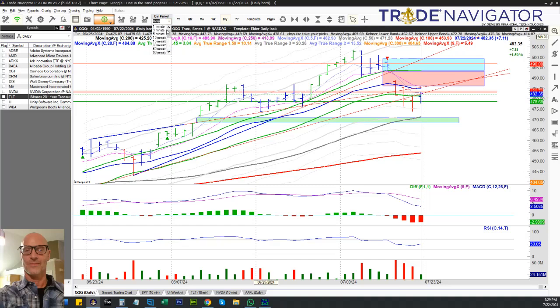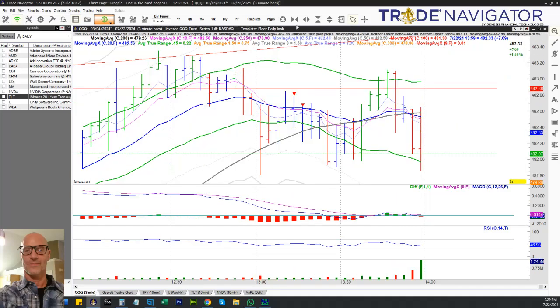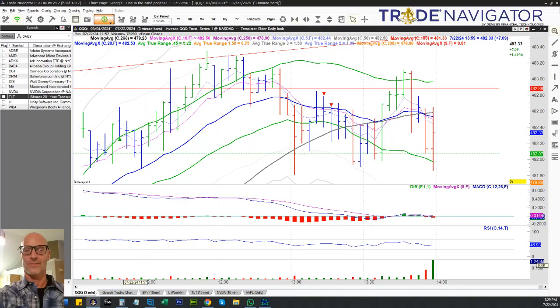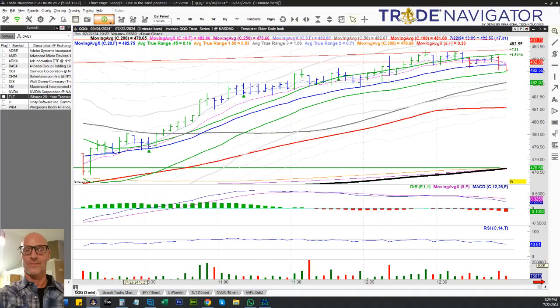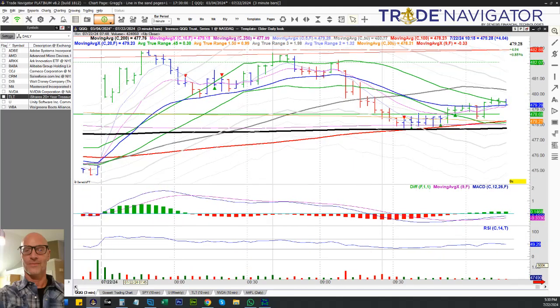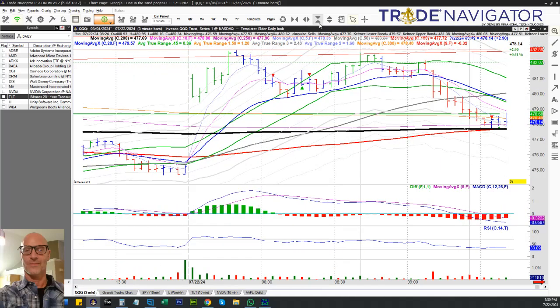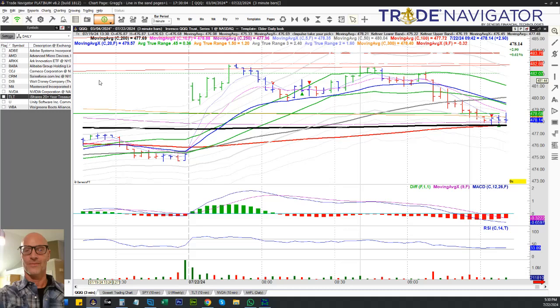Okay, so let's go to the intraday charts. I hope you can see this. Do you see this line here? This is the daily trend line that I was talking about. Earlier in the morning, we got up to it, closed above it, and then pulled back.